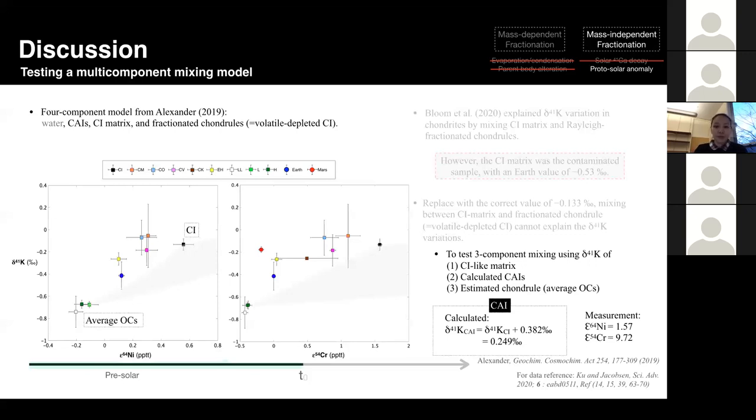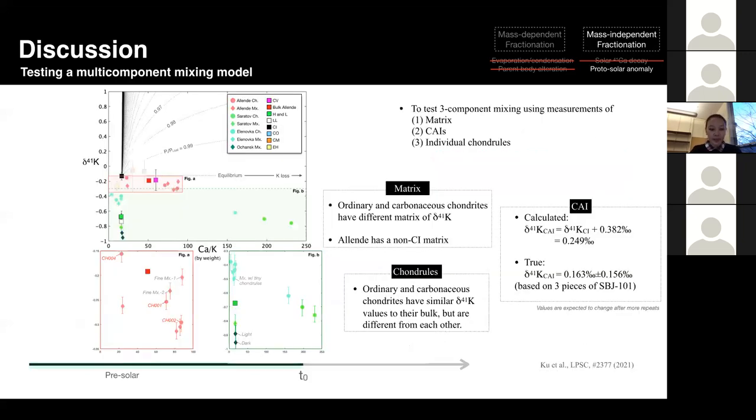If the estimated chondrule and CAI values do not convince you, we actually have real chondrule and CAI samples measured in the past couple of months. The small figure at the bottom left shows the IND chondrule and matrix, and they are indistinguishable from the bulk IND, which is the red square.